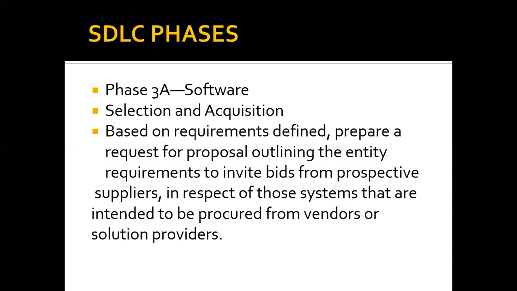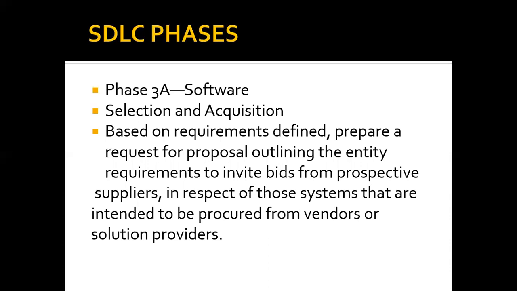It should be able to process in dollars, naira, yen, pound sterling. So we have all those requirements already stated. It should be able to integrate with other applications in the organization, and so on and so forth. We have all the requirements documented.